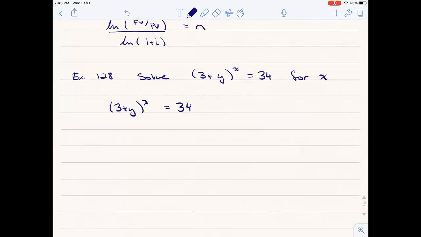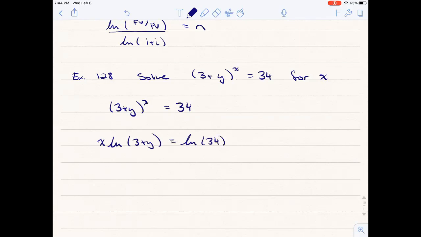So, we want to bring that x down in front, right? So we have to take the log of both sides. That's the only way that we can shake out this x. And so we do, and this is where I'm going to start writing down just x times log of 3 plus y, just to skip that middle step. So I get x times the log of 3 plus y is the log of 34.